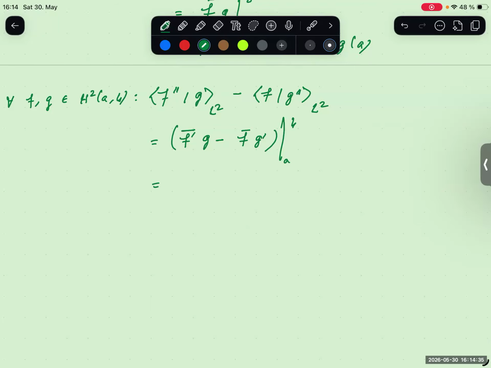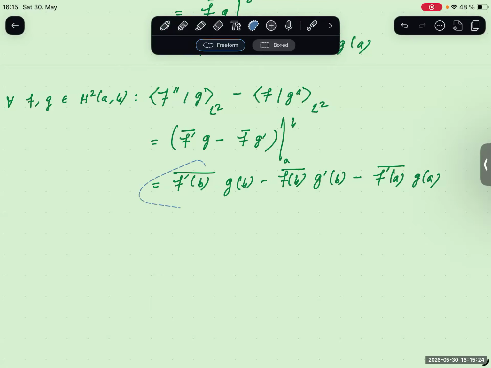This gives us nothing but the first derivative of f at b, its complex conjugation, and then g of b, minus the first derivative of f at a with g of a.